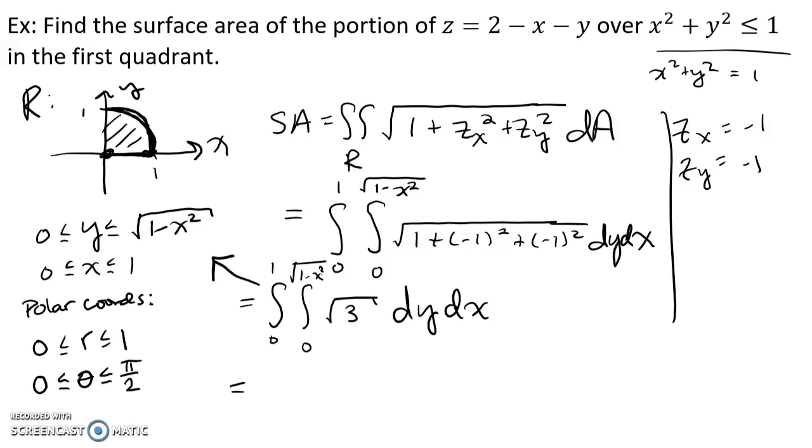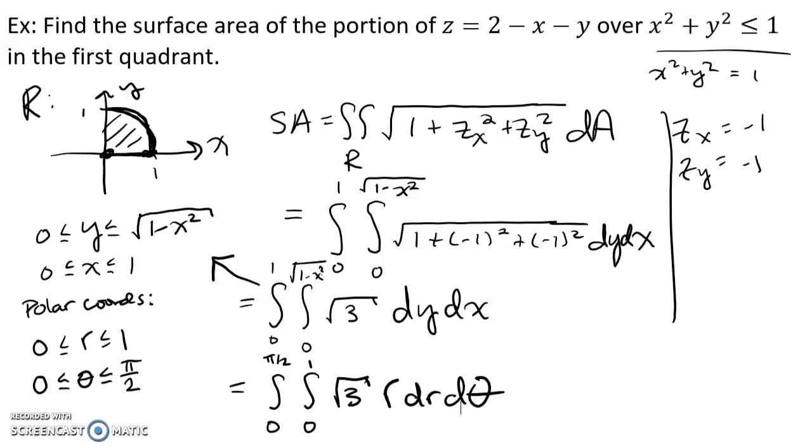So when we sub in x equals r cosine theta and y equals r sine theta, really we don't sub anything in because there's no x's and y's. So then we'll have the integral 0 to pi over 2, the integral 0 to 1, and then square root 3, and then don't forget your r dr d theta. So we've got that change of coordinate scale factor there for the r dr d theta.